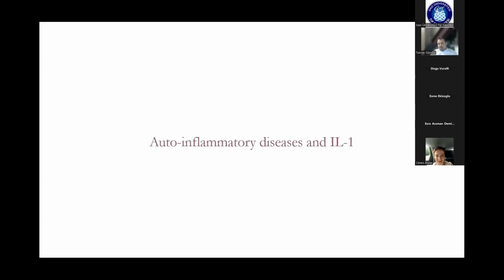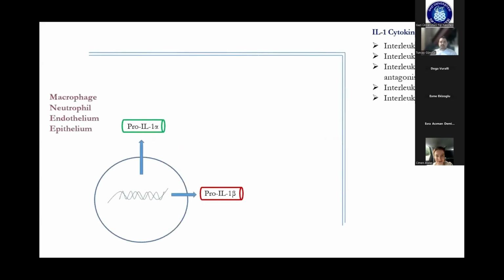So let's talk about the most important aspect of neuro-Behçet disease pathophysiology, interleukin-1, and the interleukin-1 associated autoinflammatory diseases. As a short introduction, in the body, macrophages, neutrophils, endothelium, and epithelium continue to secrete pro-interleukin-1 beta and pro-interleukin-1 alpha intracellularly.